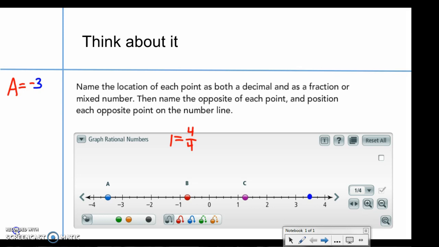Alright? You can look at it and locate where the dot is, but I'm showing you how to break it down. Between the 3 and the 4, the A is 1, 2 out of 4 spaces away from the 3.